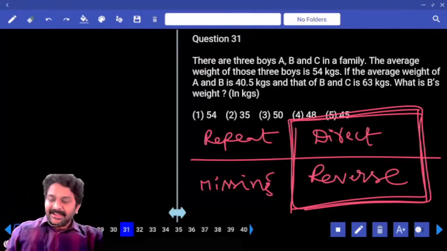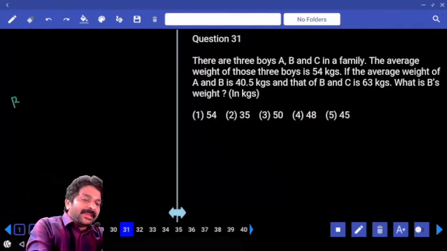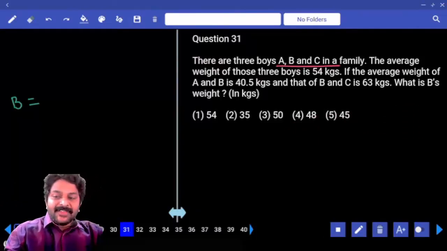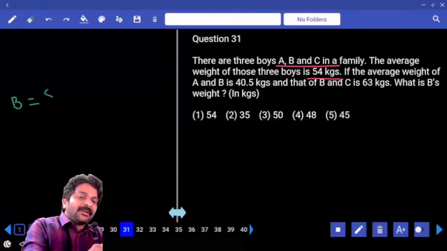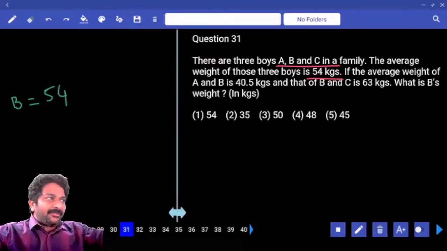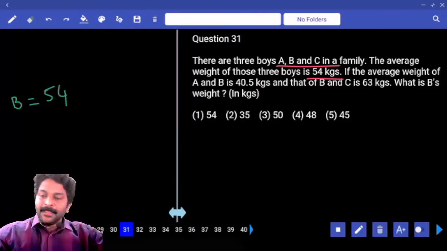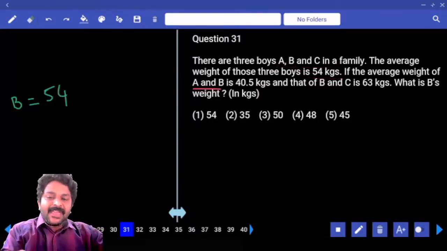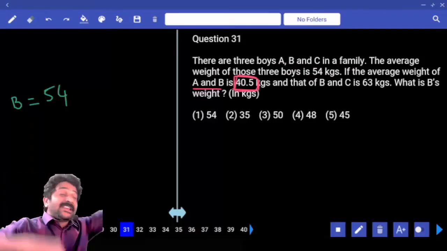Now let's see what is direct effect. Now we want to calculate B here. What is average of ABC? 54. Equality concept, I will treat every number as 54. A, B, C all are 54, then average is 54. Now average of AB is 40.5. Is this number more than the original average or less?